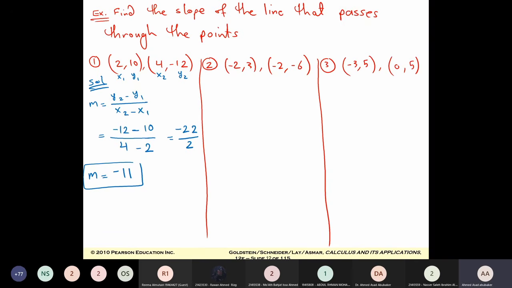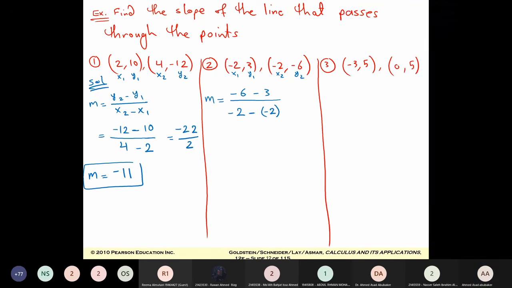Number 2. To find the slope, this is x1, y1, and x2, y2. So we have negative 6 minus 3 over negative 2 minus negative 2.